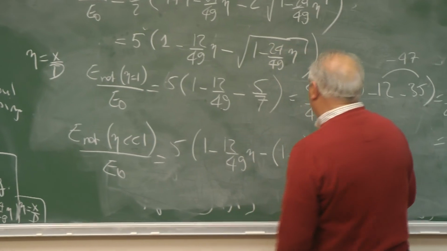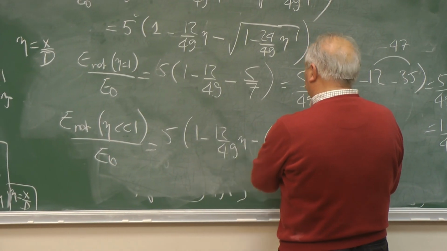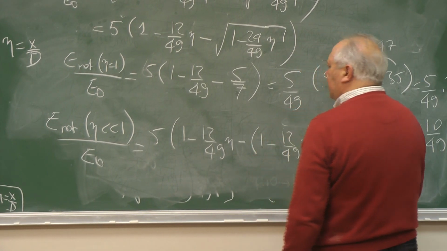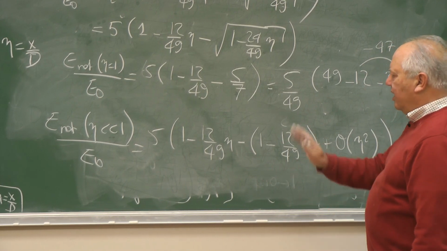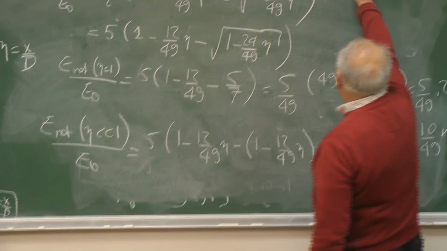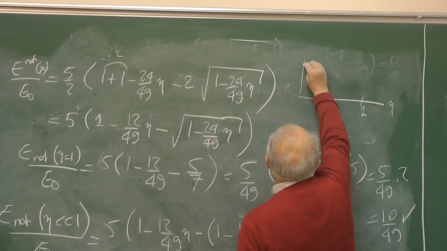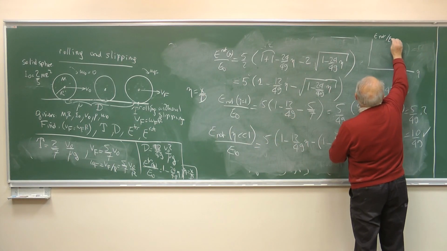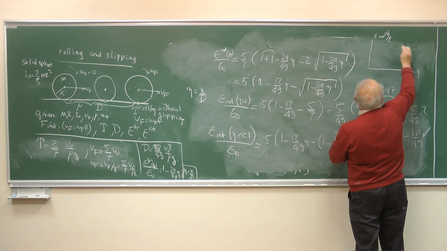So you see, in the linear scale they are cancelling, so it is eta squared. Namely, it starts slowly going up. So this is eta, this is 1, this is E rotational over E0. This is, of course, a function of eta. All right.